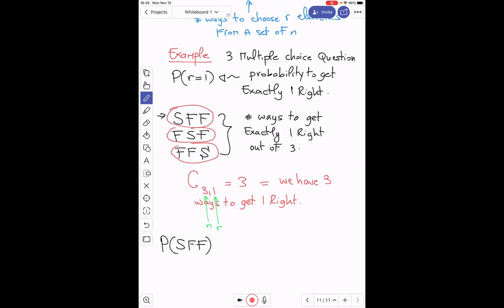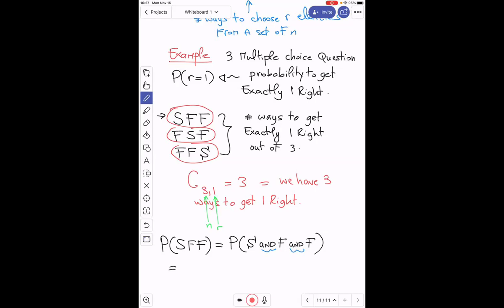So this is success and then failure, which is the probability that you get the right answer first, and then you fail in the second, and then you fail in the third.